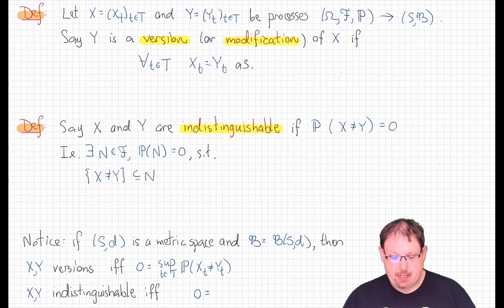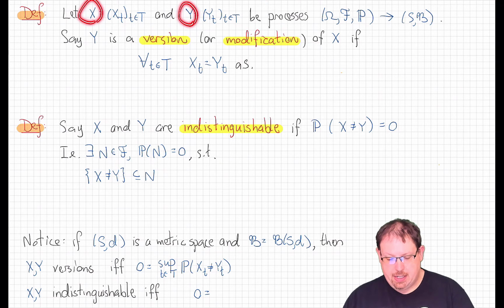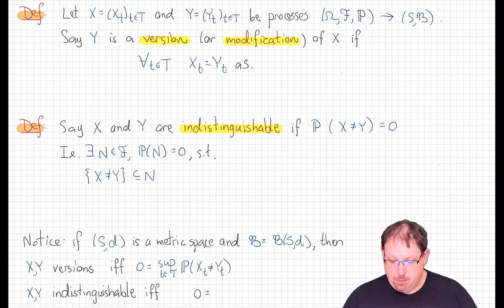Given two stochastic processes, X and Y, both indexed by the same time set, which doesn't have to be continuous here, it can be general, both taking values in the same state space. We say that they are versions of each other, or Y is a version of X, or sometimes a modification of X, if for every particular time t, the event that X_t and Y_t are equal has probability 1.